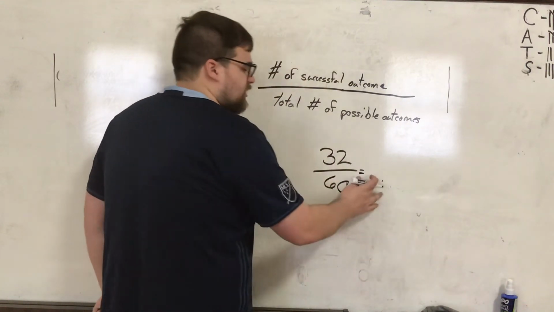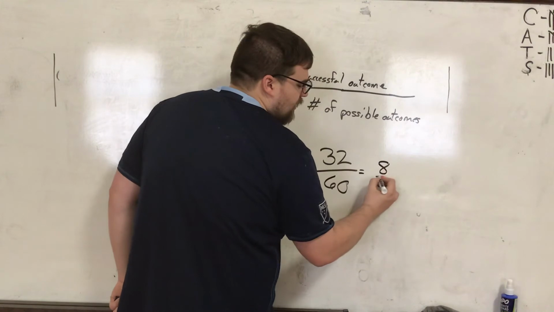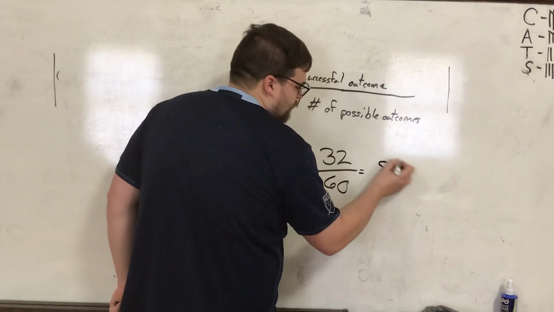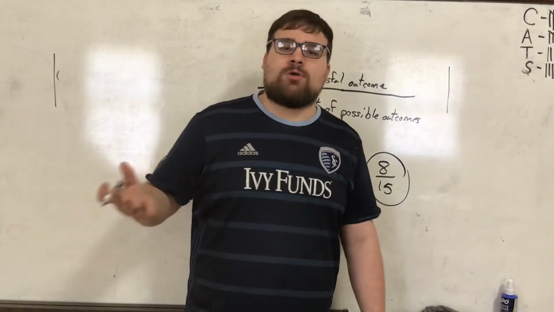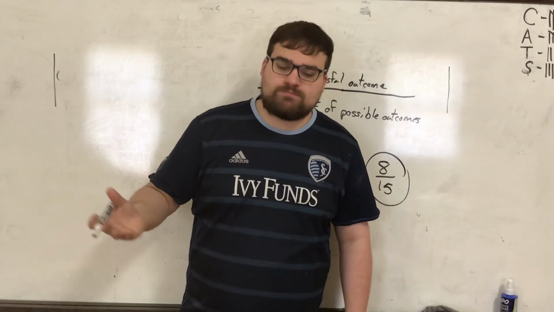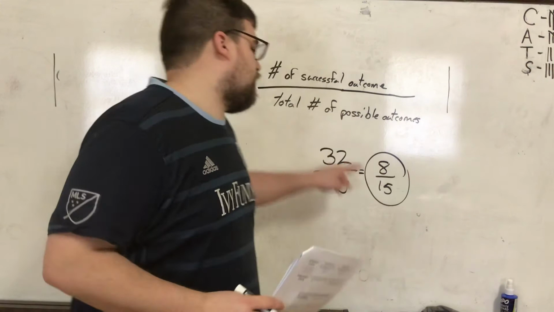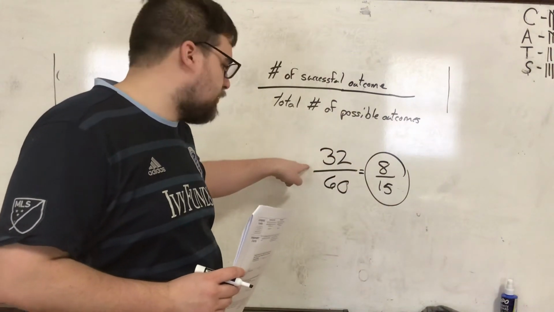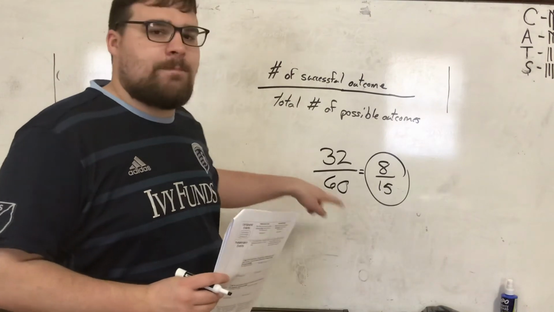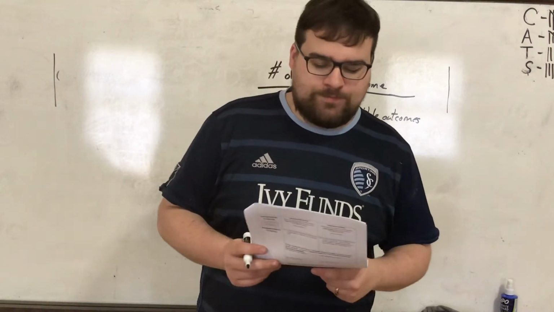If we divide each of these by 4, we get 8 out of 15. That's the probability of us drawing a red marble from that bag. So again, the number that we consider successful, the number of ones that we want, divided by the number of possible ones that are there.